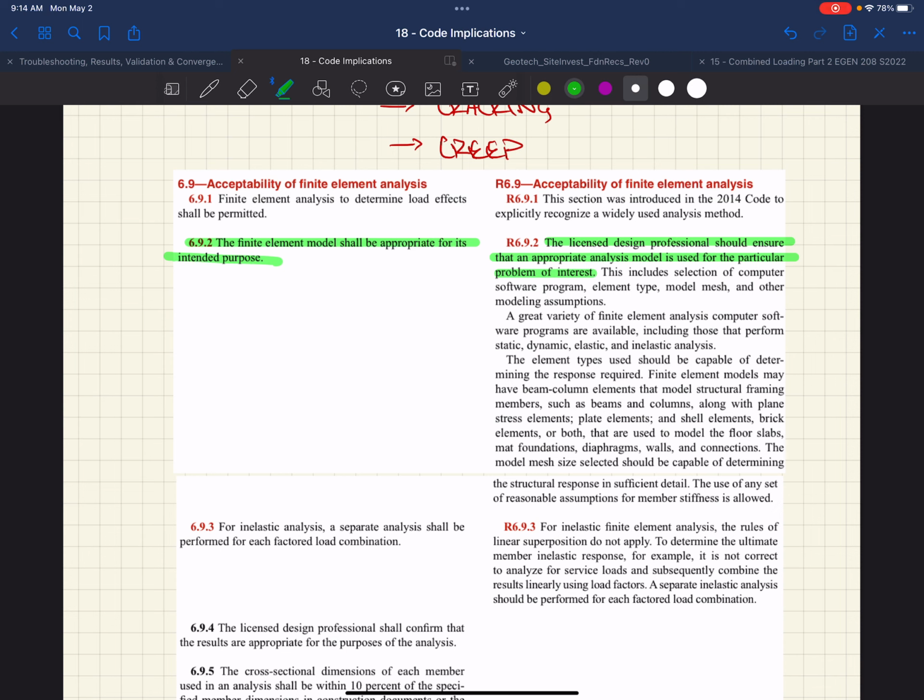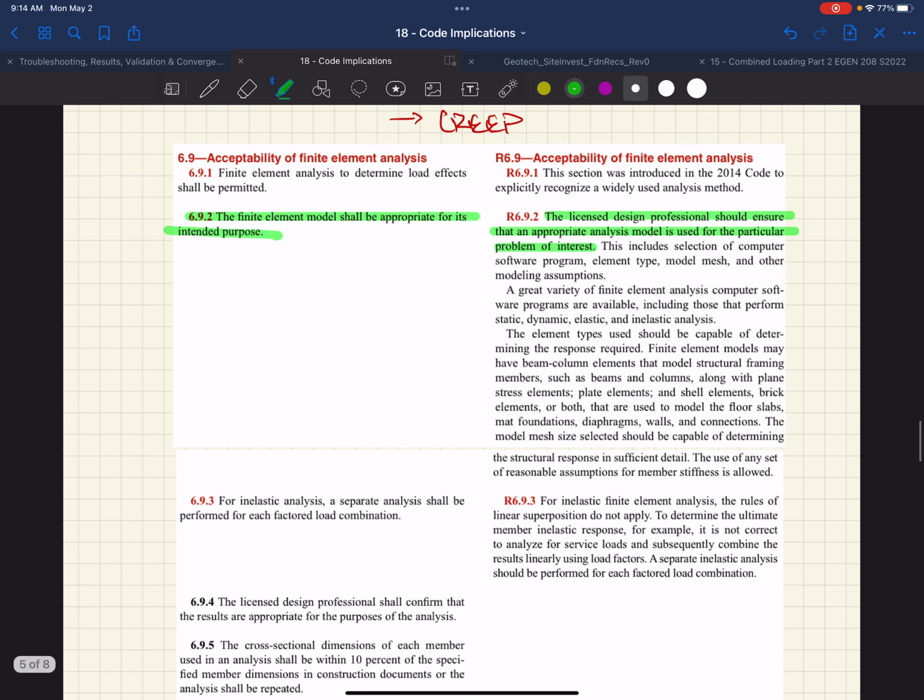I run through all of this, he sets the binder down, and there's probably 50 post-it notes throughout the entire thing of things he was worried about or wanted to confirm. So hopefully they're reviewing that model description and feel comfortable about it, because ACI is telling us the licensed design professional needs to be comfortable with it.